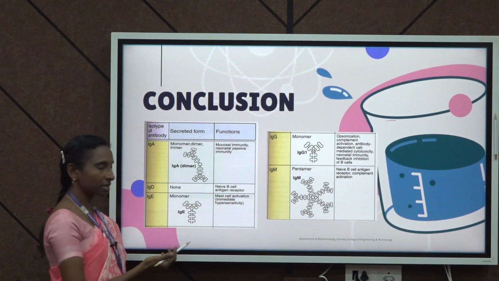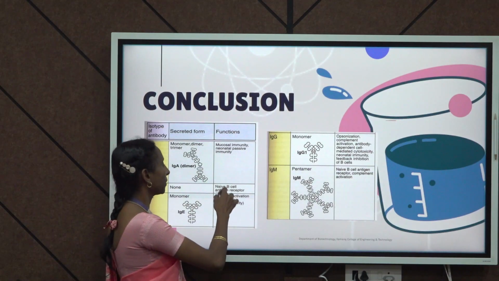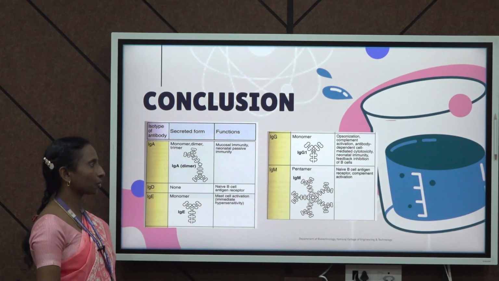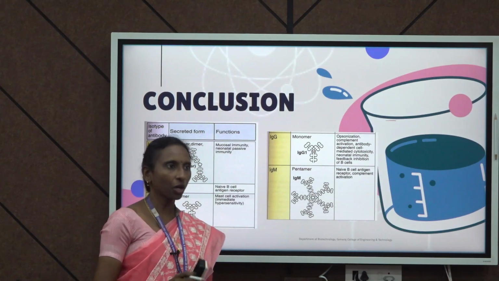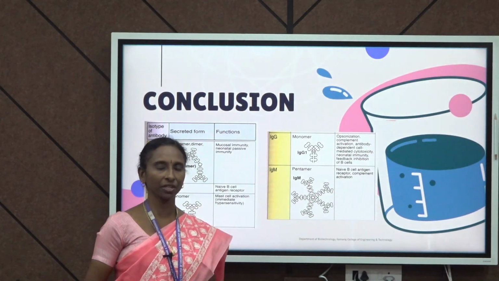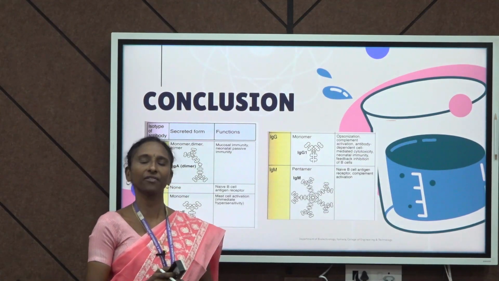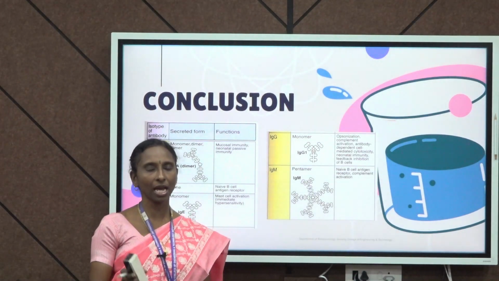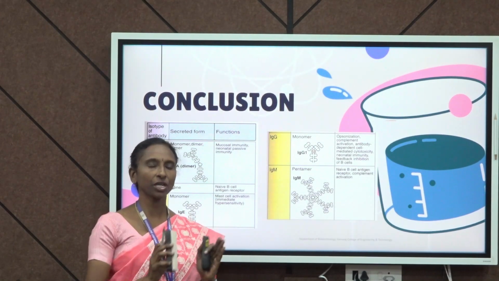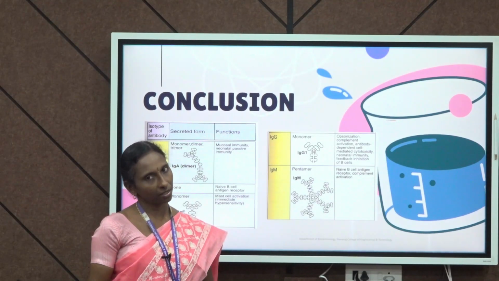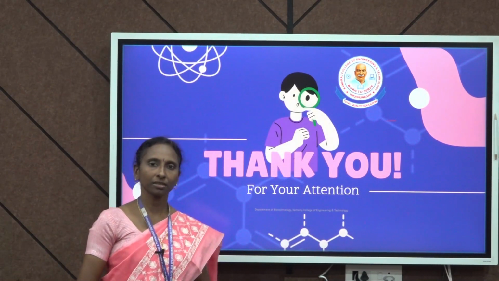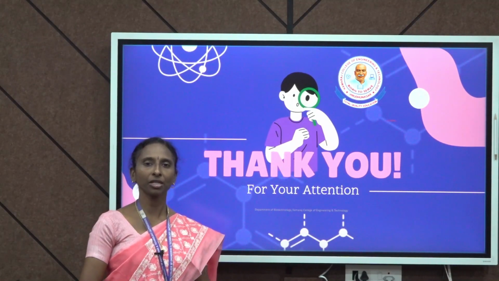IgD secreted form does not exist, and its function is as the naive B cell antigen receptor. Overall, we have 5 different classes of antibodies, each one differing in structure. Superficially, all antibodies have heavy chain and light chain with variable and constant regions. So, with this we conclude the topic on antibody structure and function.